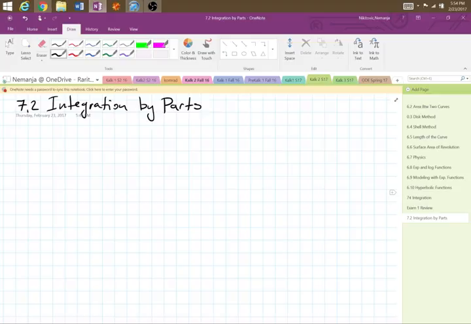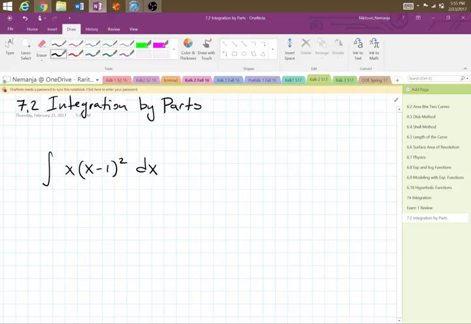As I mentioned earlier, this is an extremely important method of integration, and we're going to discover what it's all about. Let me first show the scenario when we have to use something like this. Say you have the integral of x times (x minus 1) squared dx.